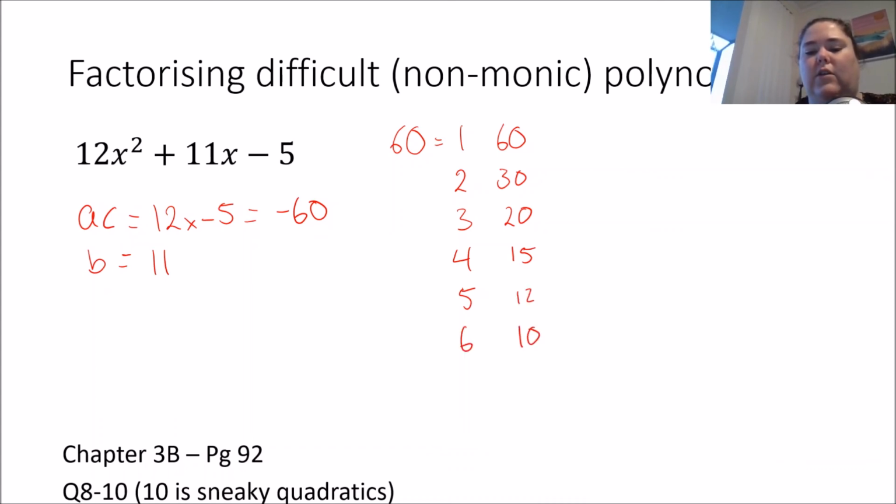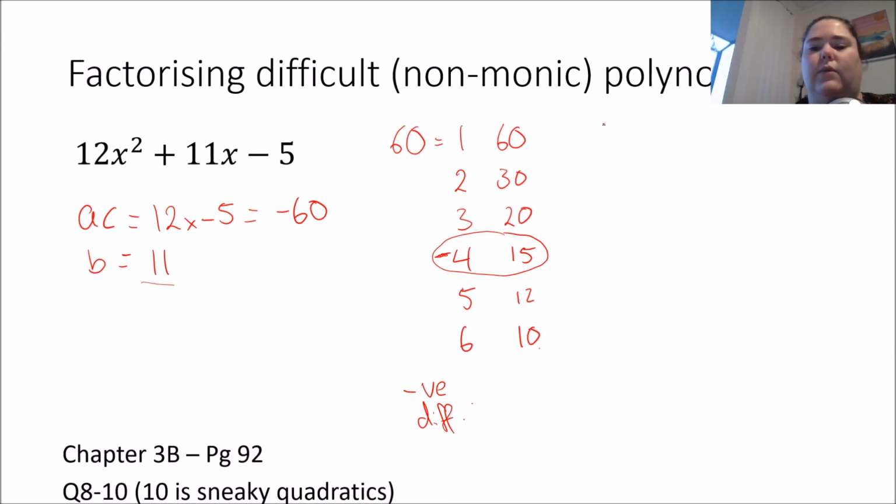And then you just keep going until you get to really close numbers, which we've already got here, 6 and 10, because 7 doesn't do anything, 8 doesn't do anything, 9 doesn't do anything. Then we get back to 10, and we don't have to think about it because we've obviously looked at all those numbers. Okay, it's negative, so we know we're looking for a difference of 11, which is this one. And it's positive 11, so our 4 is negative.